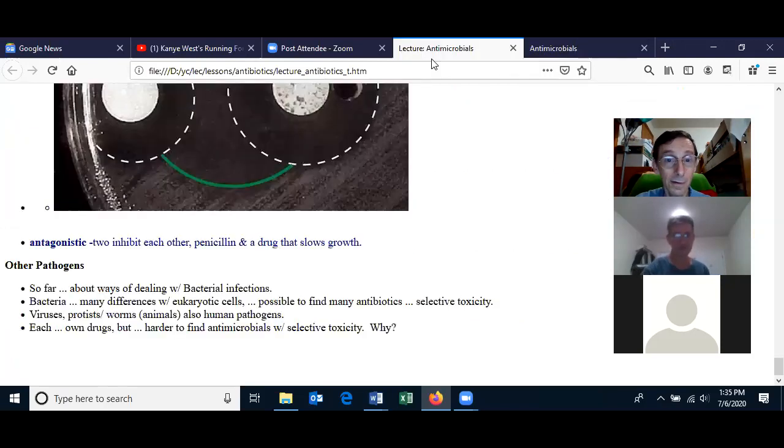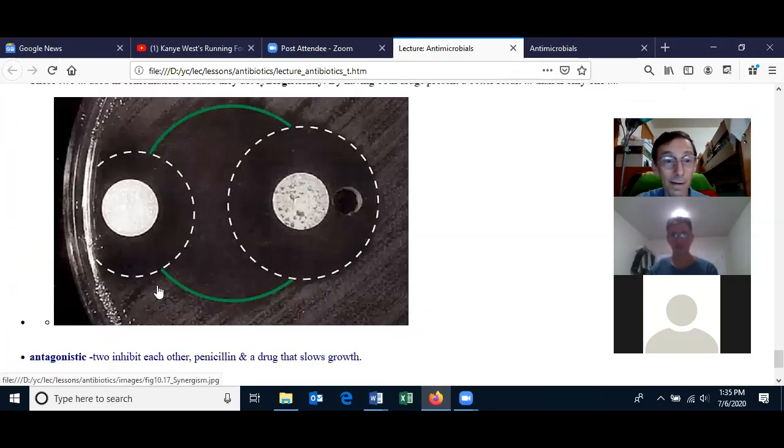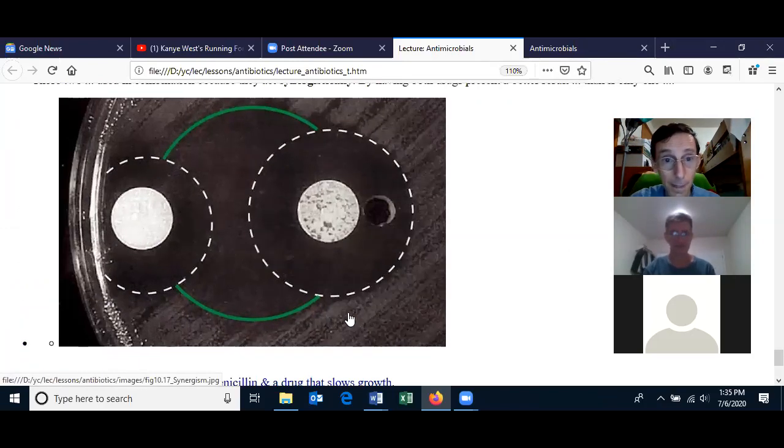And how you can look at that synergistically is, this is a Kirby-Bauer test, and let's say this is trimethoprim. And when you put it down, you get a zone of inhibition like this, where the dotted line is. Everyone see that? And I can maybe blow this up a little bit.